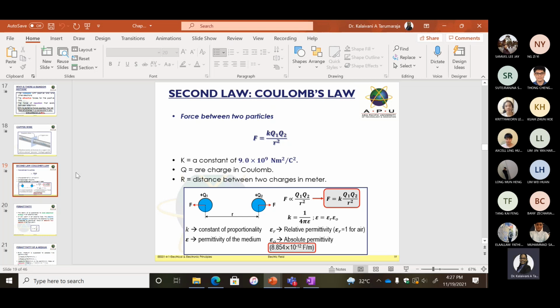Jot down the permittivity too: the epsilon stands for the permittivity of the medium, which means it is based on the material. This one, permittivity of the medium. Write it down in your notes.